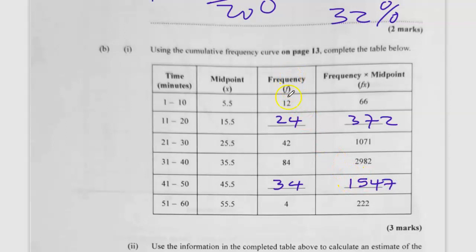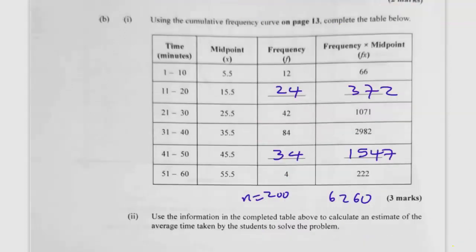The sum of the frequencies should be 200, same as the cumulative frequency, same as n, the number of persons. And the sum of fx, the final column, is 66 plus 372 plus 1071 plus 2982 plus 1547 plus 222, that's 6260.